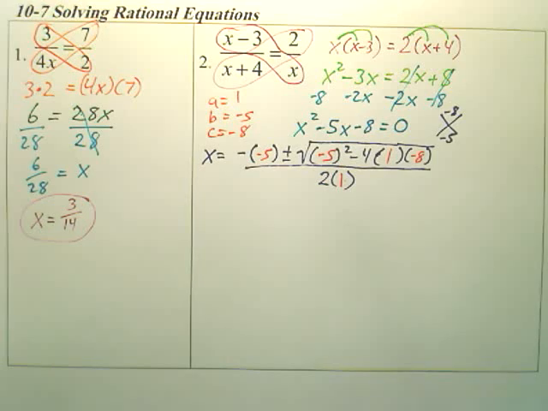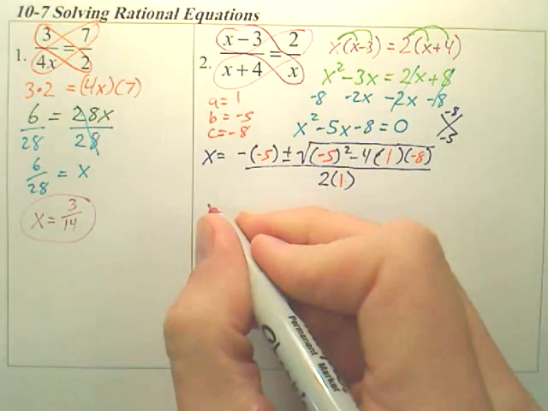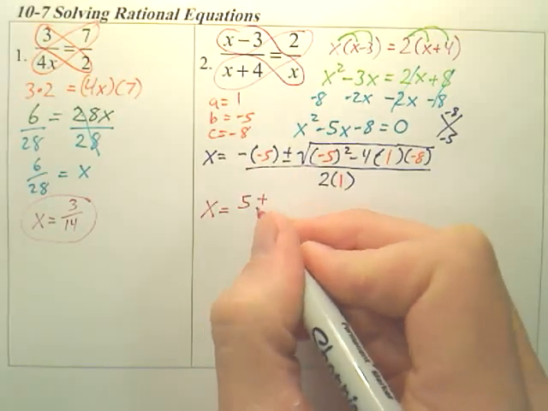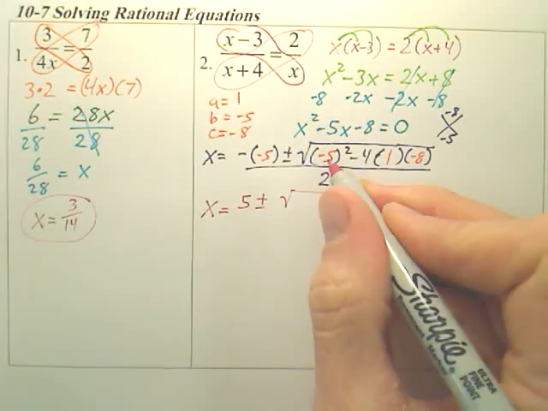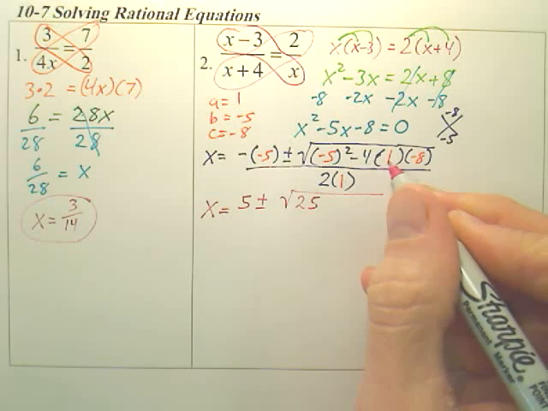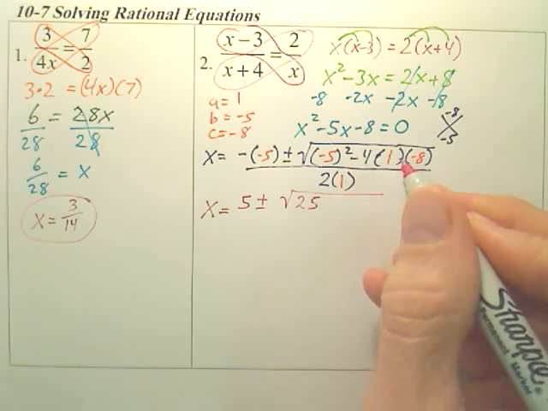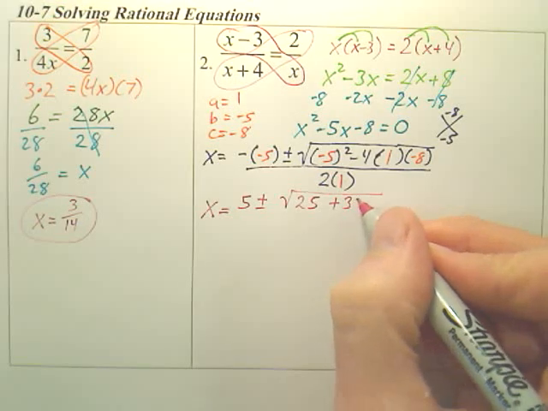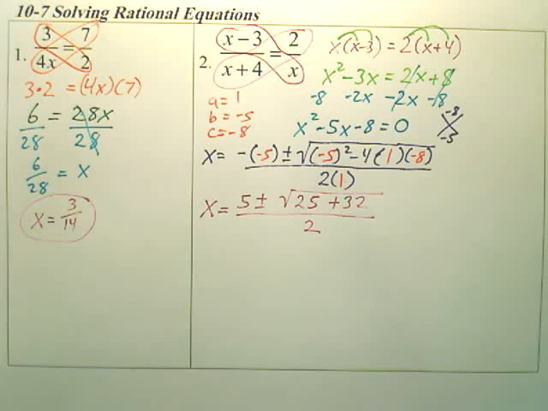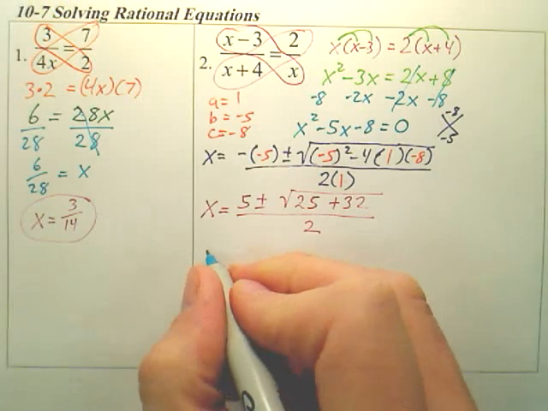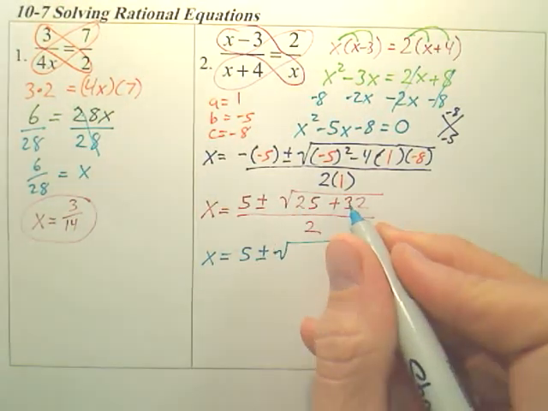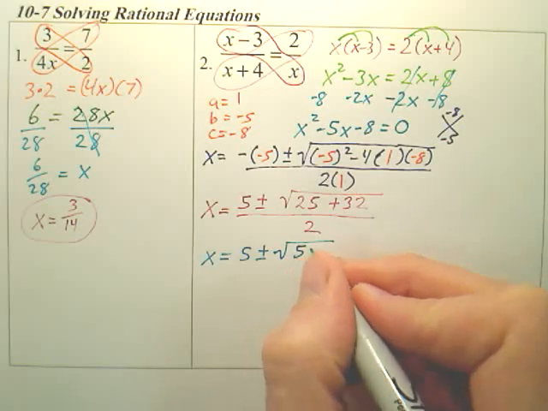So if we do all this math, we will get the answer. x equals the opposite of negative 5, which is positive 5, plus or minus the square root of negative 5 squared, which is 25, and then negative 4 times 1 is negative 4, and negative 4 times negative 8 is a positive 32, I believe. 2 times 1 is 2. So we now have x equals 5 plus or minus the square root of, this looks like, 57, over 2.